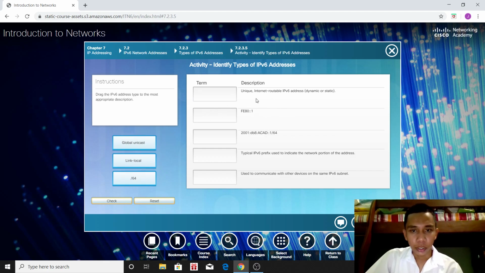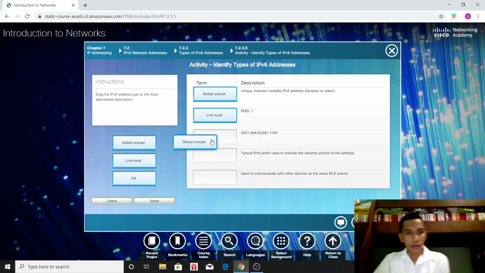So let's start. Unique internet routable IPv6 addresses, dynamic or static. So this one I think is global unicast. So FE80::1 is link local, then 2001:db8:acad:1 or over 64 is global unicast.